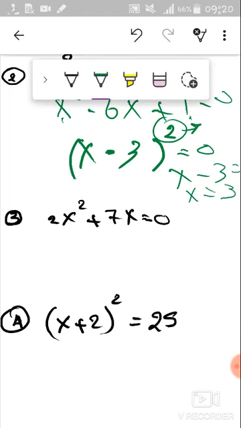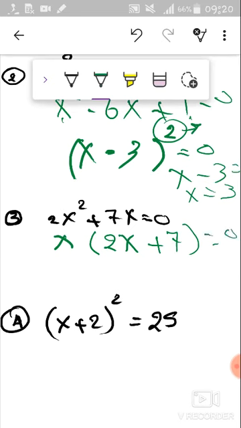Okay, next number 3. Here we have 2x squared plus 7x equals 0. The right hand side is equal to 0. I'm going to factorize. The first step of factorizing is to arrange. This statement is arranged correctly. Then I have here a common factor which is x. So the result will be x times 2x plus 7 equals 0.